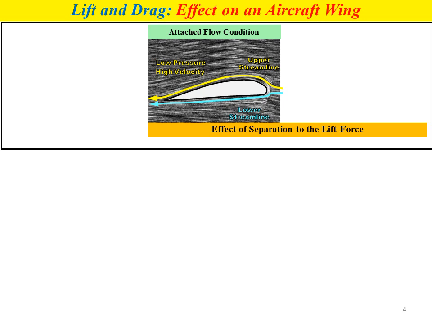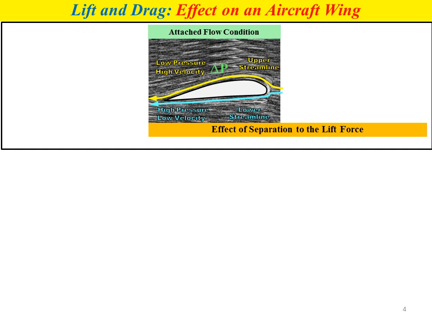The lower streamline, represented by the blue line, will have low velocity with high pressure. This different fluid condition is due to the shape of the airfoil profile.